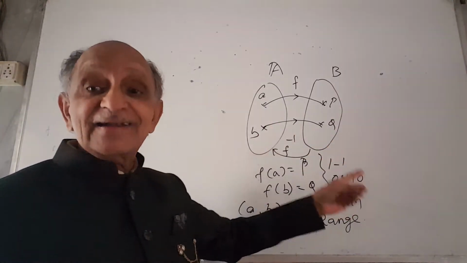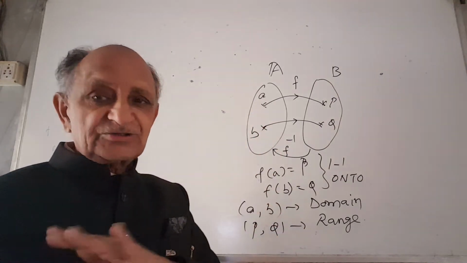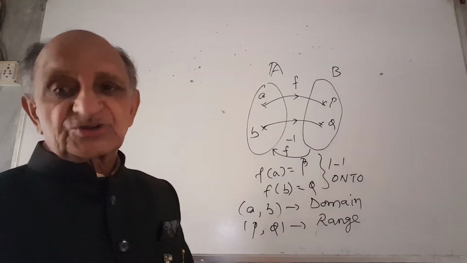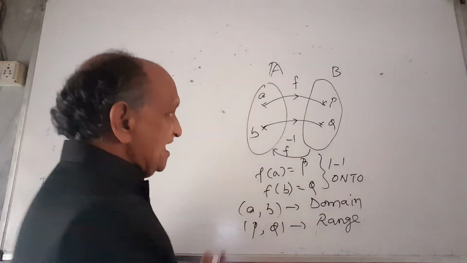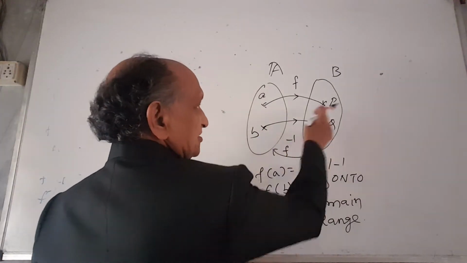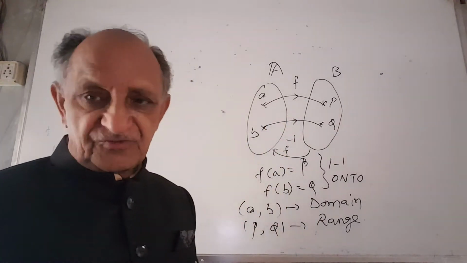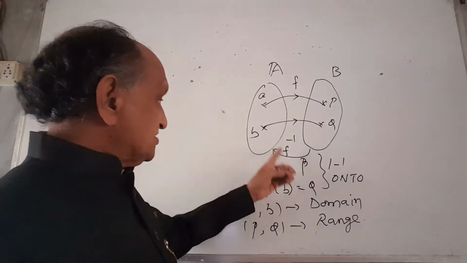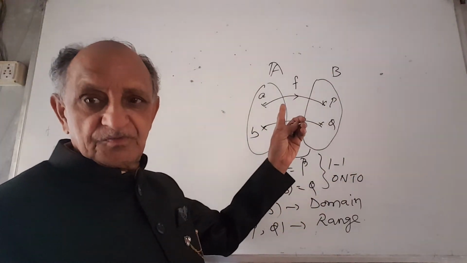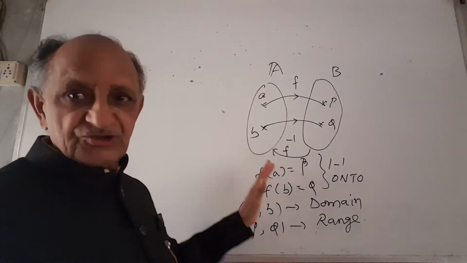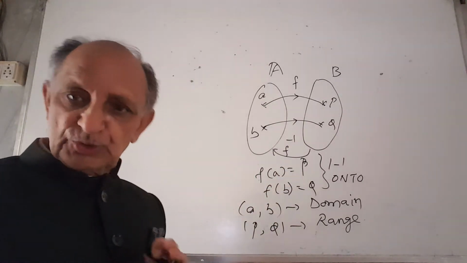This one has an inverse function because every element of this is associated with a unique element, which is the condition for the function. Therefore, there is function, there is inverse function. This is the first part which you should know.